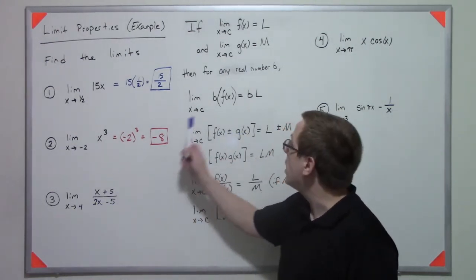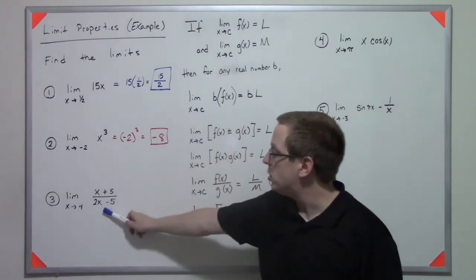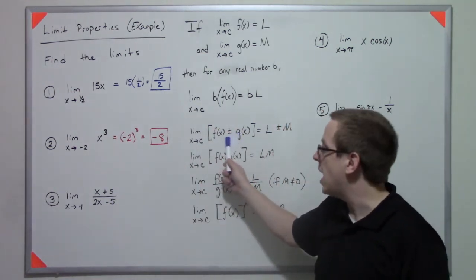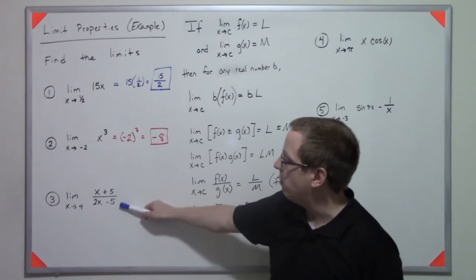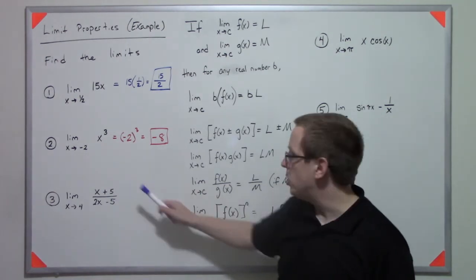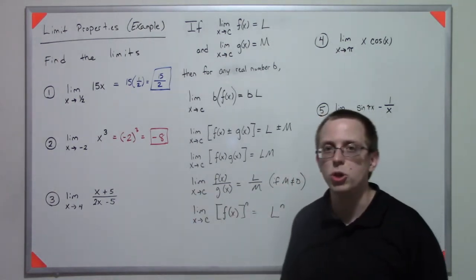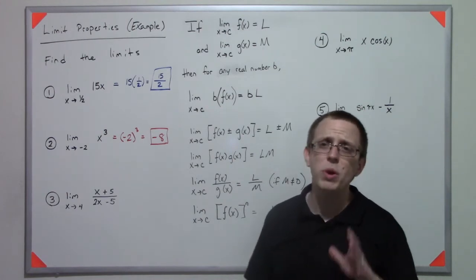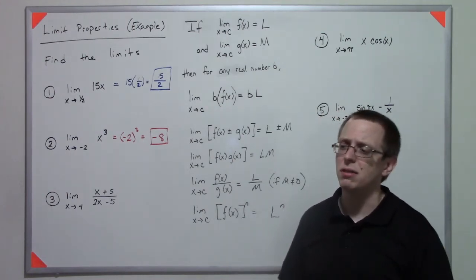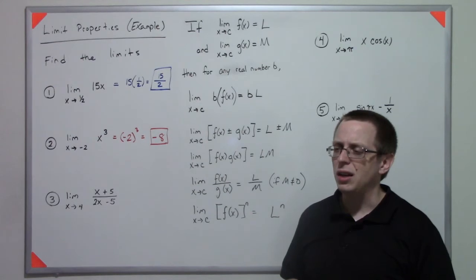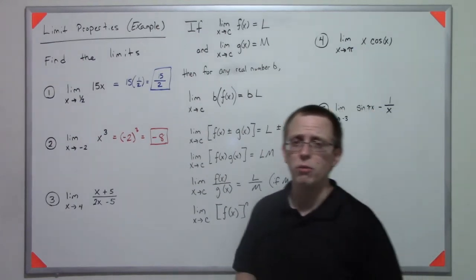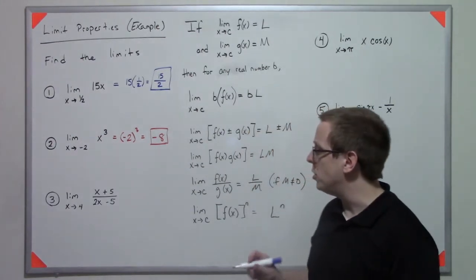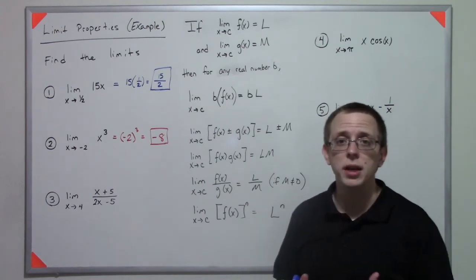Since you have a 2x, it's this. Since it's 2x minus 5, it applies that. And then once you have the quotient here, you can apply this quotient limit. Now in practice, we don't do that. In practice, it's burdensome. That's the word I'm looking for. So instead, we're simply going to try to plug in and see what happens.